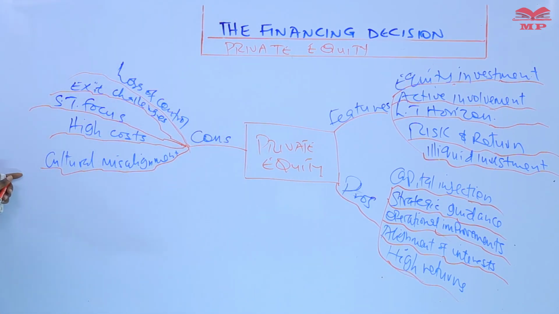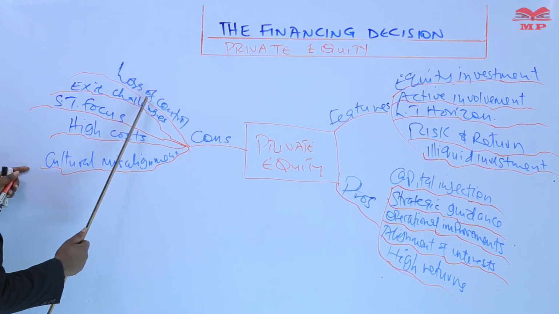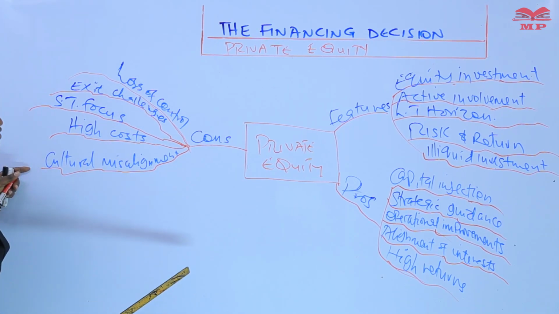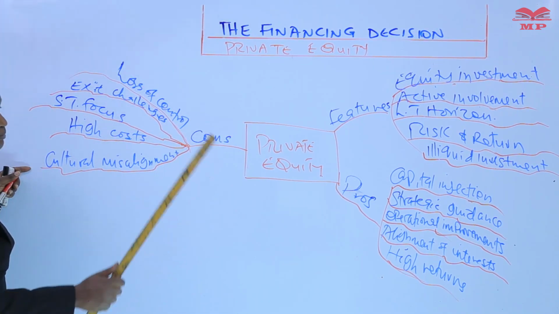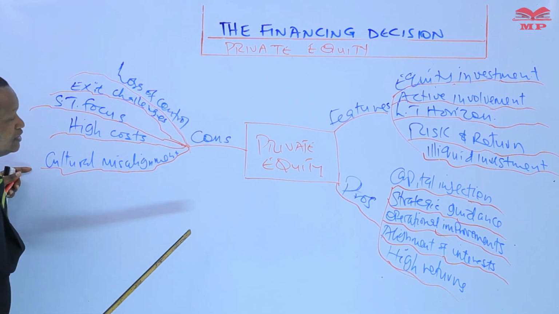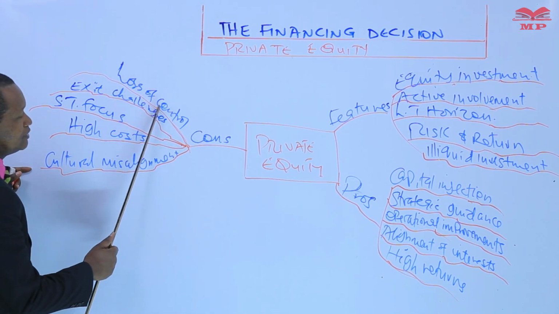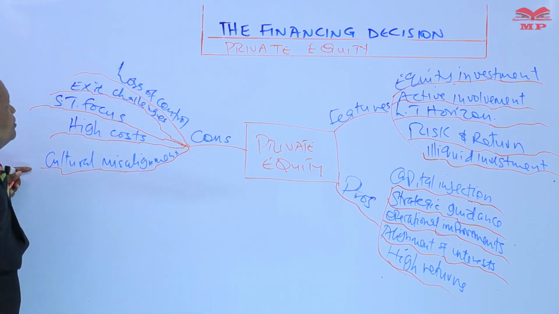Lastly, we've discussed the disadvantages of private equity. One is loss of control, by the mere fact that the private equity investors may become shareholders in the company in which they invest. Then the existing management and the existing shareholders may lose control of the company.